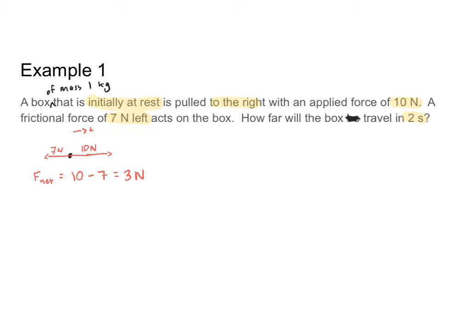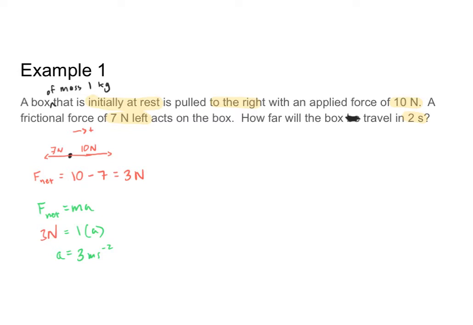I know that F net is equal to mass times acceleration. I know my mass and my force, so I can find my acceleration. My net force is 3 newtons, which I'll write in red so that we remember, and that is equal to my mass of 1 kilogram times my acceleration. So my acceleration is 3 meters per second squared.